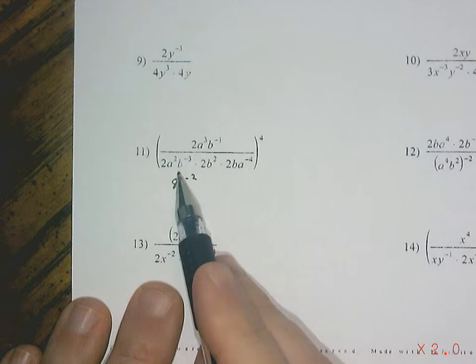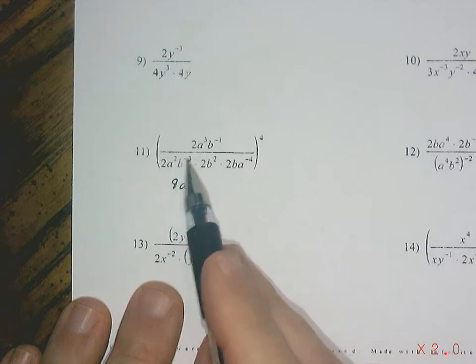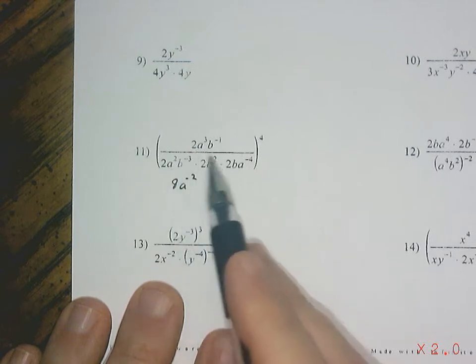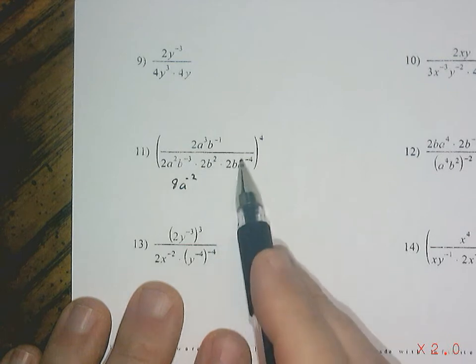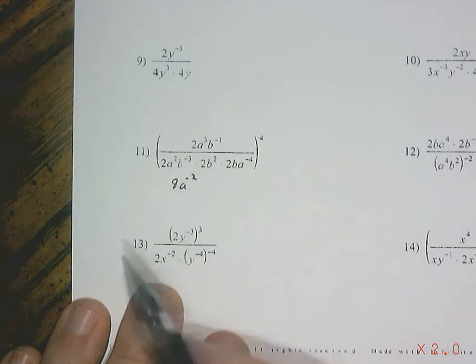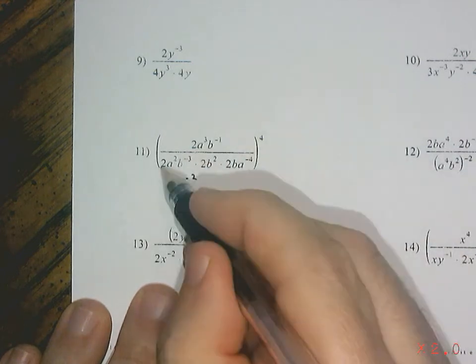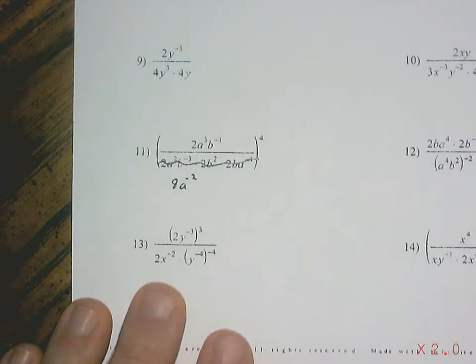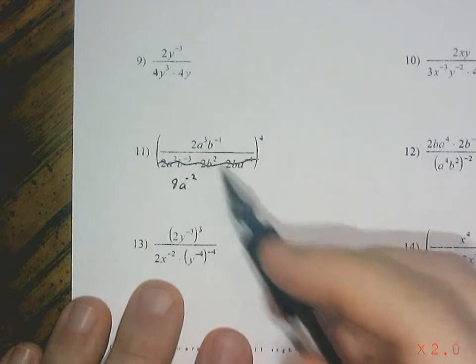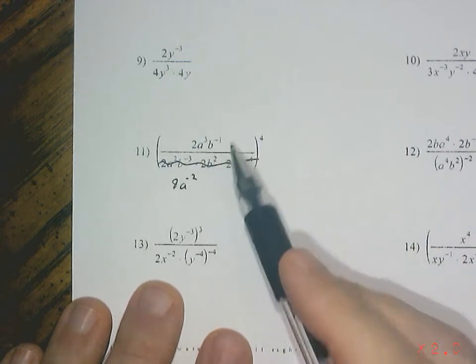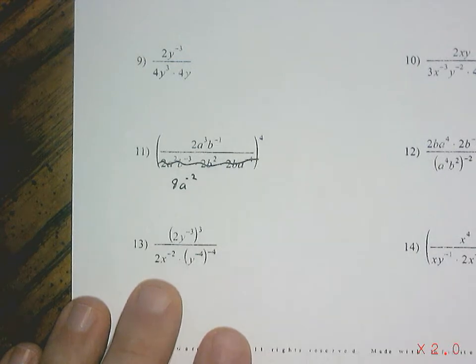Then b's, I have negative 3 plus 2, which would be negative 1. And then positive 1 plus negative 1 would be 0, so the b's go away. So all that I'm left with after I multiplied is 8a to the negative 2. And that's still over 2a to the 3, b to the negative 1.